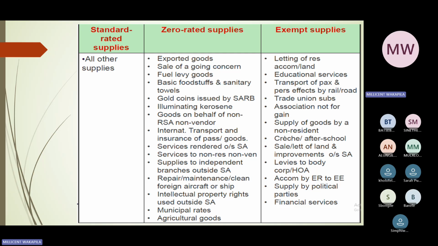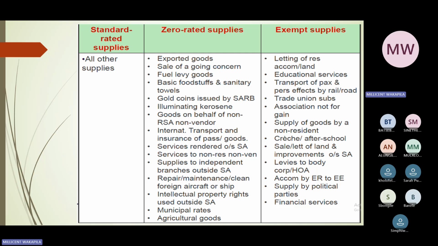So the list for the zero rated, the one that normally comes through your assessments, is the exportation of goods and services, right? So this means that when you sell products maybe to Zambia, Malawi, or Mozambique, there is VAT rated at 0%.